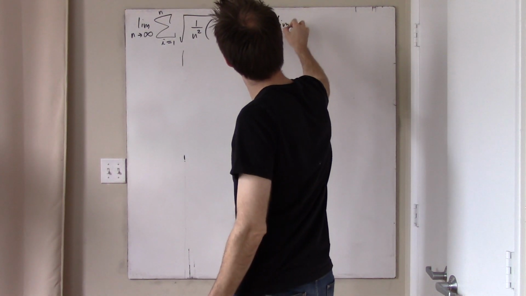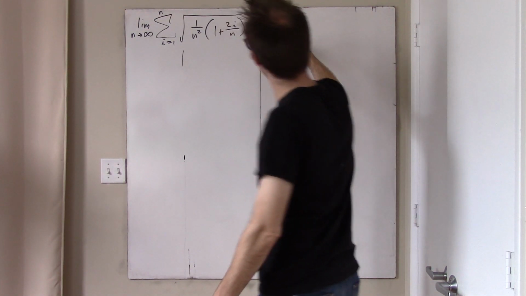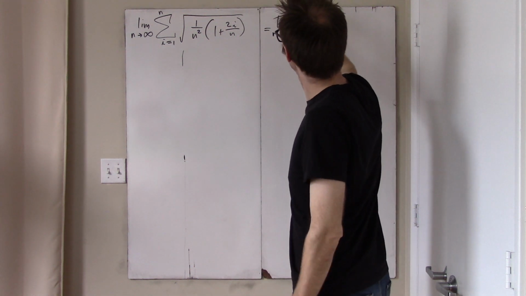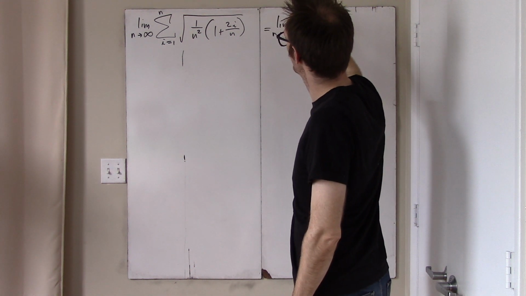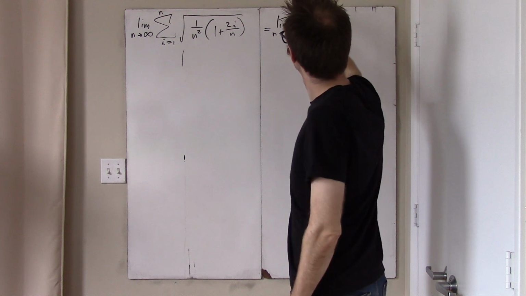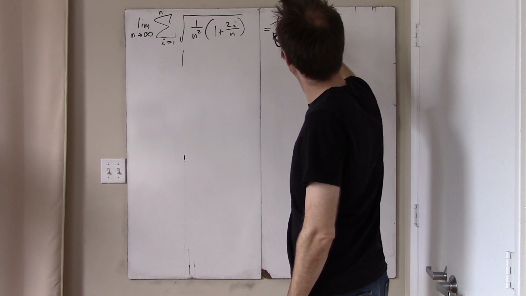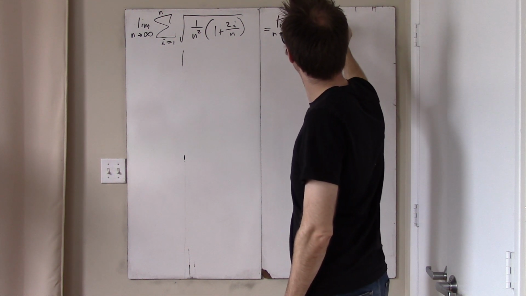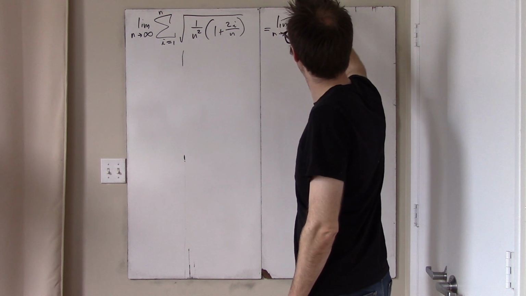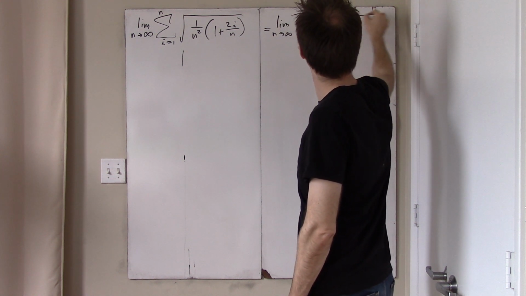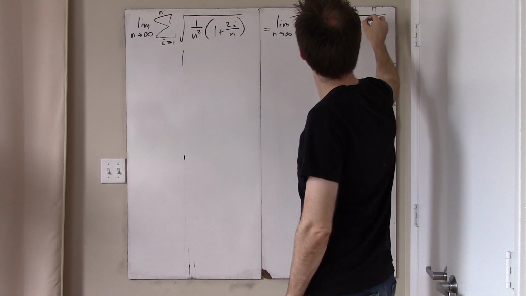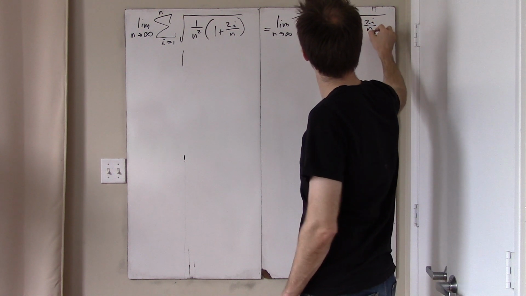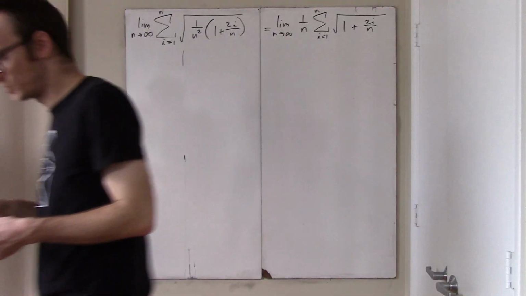So really this might as well be the limit as n approaches infinity of 1 over n times the sum from i equals 1 to n of the square root of 1 plus 2i over n. And the directions, I guess, are just do it.